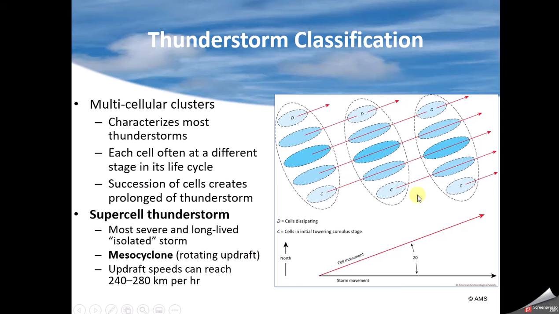So the actual line of storms continues to the east or southeast if you pushed it that way. It just depends on the orientation. It is because of the new cells that are continually forming that the line doesn't move the same direction as the individual cells. So they're related to each other.